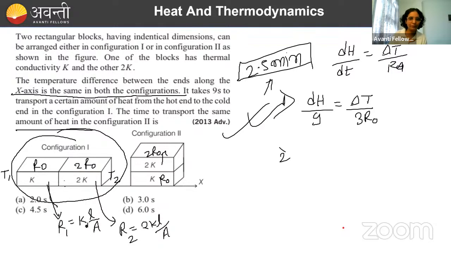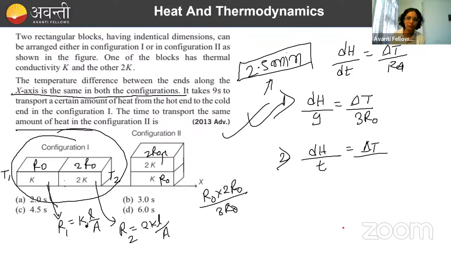Now in the second configuration, if you write dH by time, we don't know the time, delta T by what will be the value of these two resistors? These two are in parallel now, so you will write R0 into 2R0 by 3R0. So how much value will it give? 2 by 3 R0.